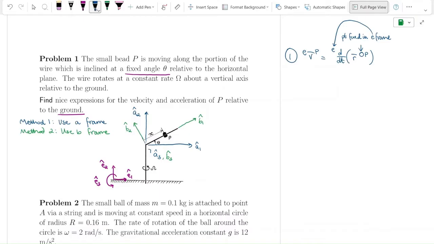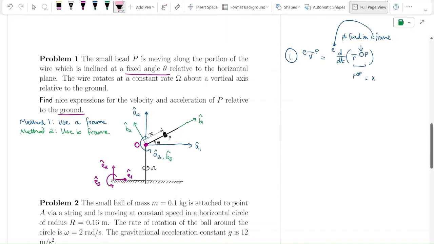However, don't choose a point here, because that point on the wire is going to be moving with respect to the E frame, right? So that's something you wouldn't want to pick. But an easy point to pick would be here, because if I pick that to be point O, then my position vector from O to P, I should do this in blue, is actually equal to x in terms of the A frame.